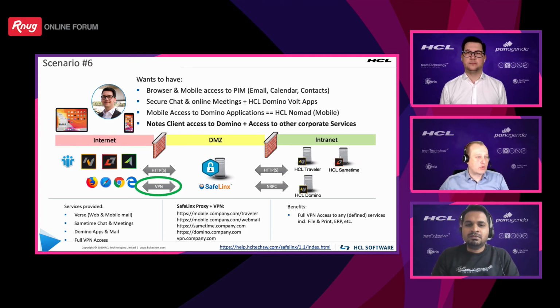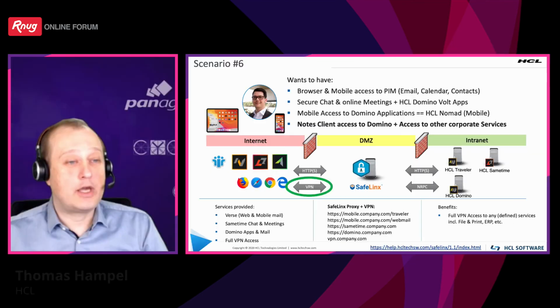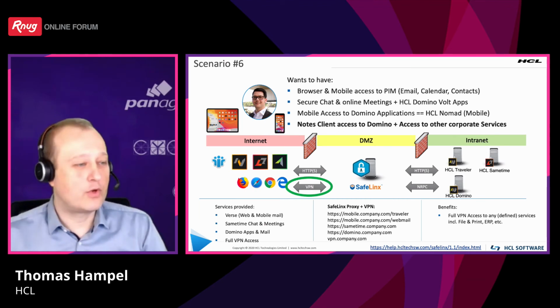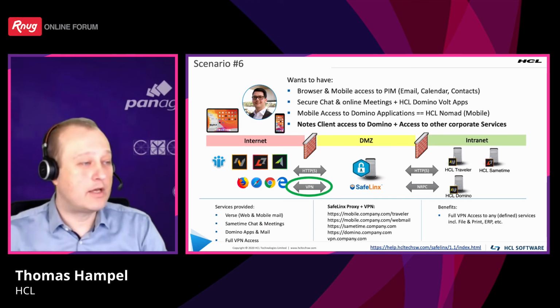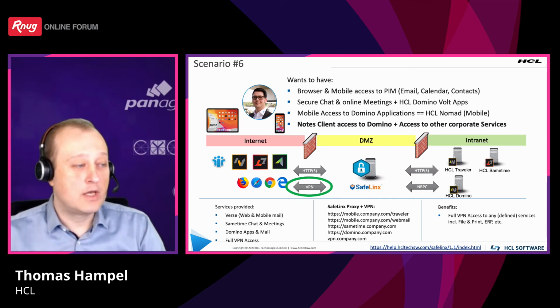And with that, you can take your local replica to your installed Notes client, which, by the way, HCL Nomad is also supporting. So if you want to have a local replica, you can have it on a smartphone as well. But I understand you want to use your beloved Notes client, so that's all good. We can provide this. And like I said, HCL Safelinx is going to make Chris happy.